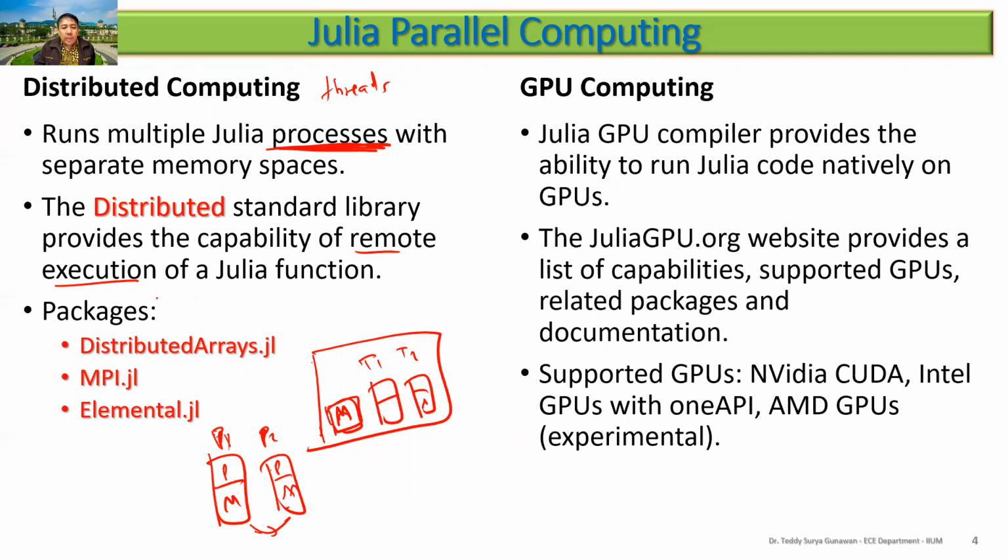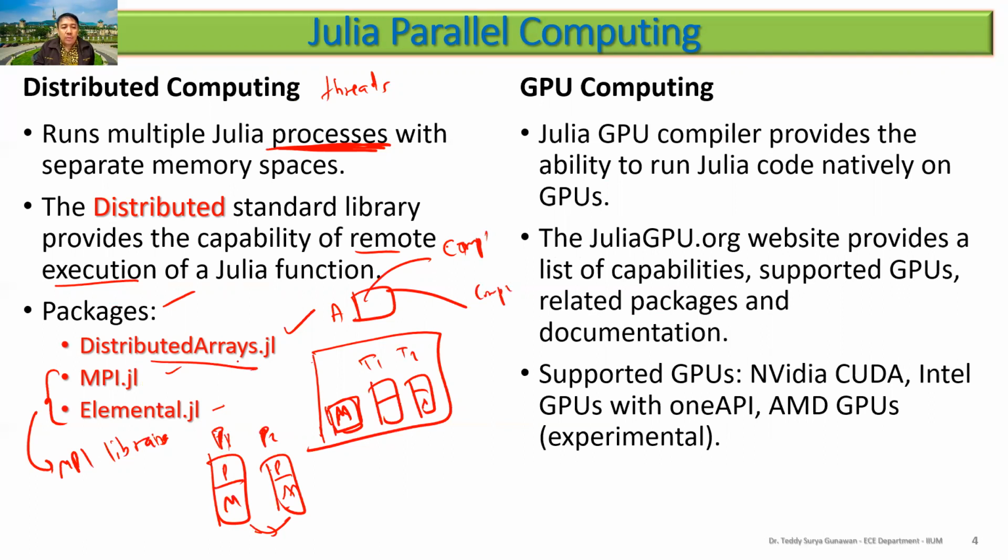From here they have packages: DistributedArrays, MPI and Elemental, which provide the MPI libraries. Sometimes, if your program is embarrassingly parallel, you just need to distribute the array A across several computers, computer 1, computer 2, for example, and then you can use DistributedArrays nicely.